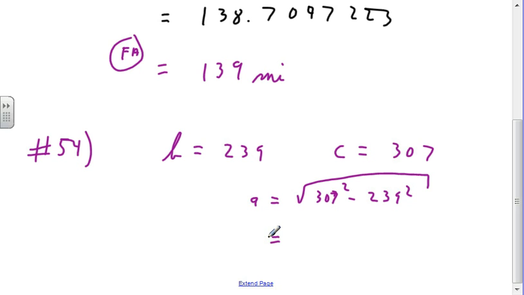So I got 192.686. Because A is not a final answer, I'm not worried about significant digits on it, so I'm going to keep all 6 of those digits.